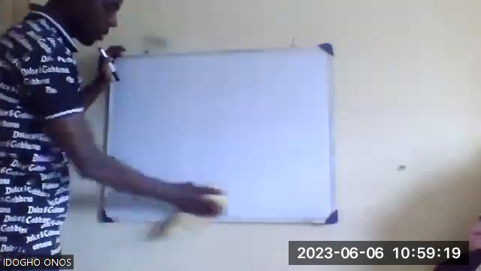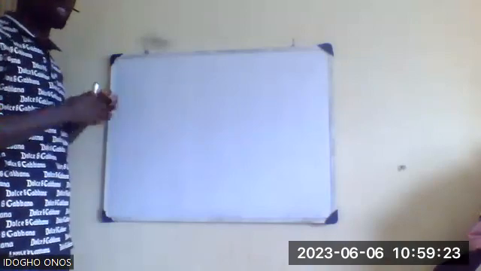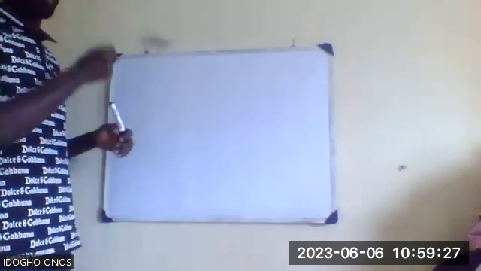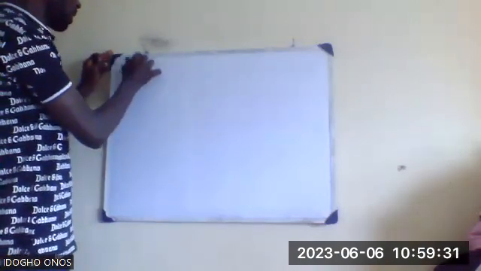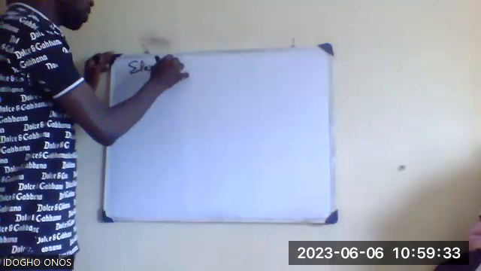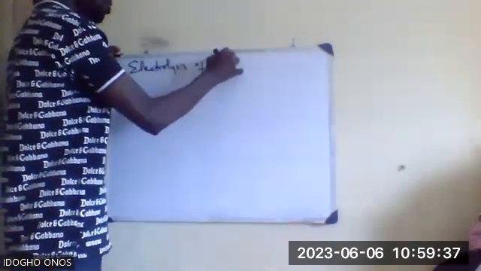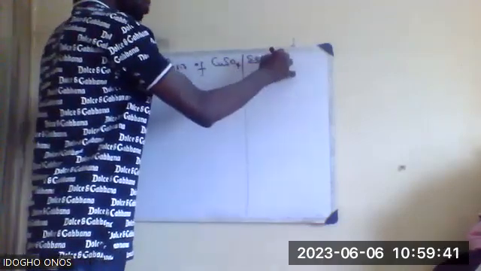Please, the aspects I'm about to do now: questions under electrolysis are mostly on acidified water or copper 2 tetraoxosulfate 6. This one mostly comes in. So next we'll look at electrolysis of CuSO4. I'm going to do it side by side to save time.